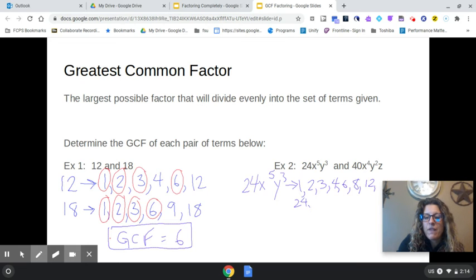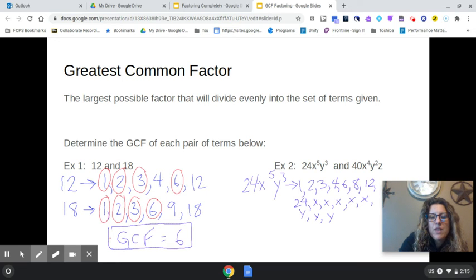But we also have variables. If we think about what x to the 5th would mean, we would be multiplying x times itself 5 times, so there are 5 x's listed out as factors. And y to the 3rd means we're multiplying y times itself 3 times, so we have 3 y's that are also factors.